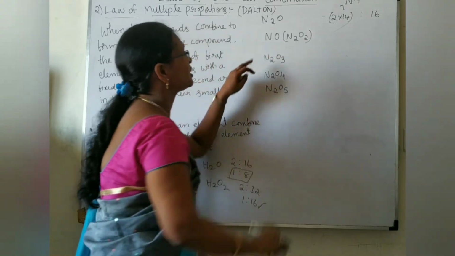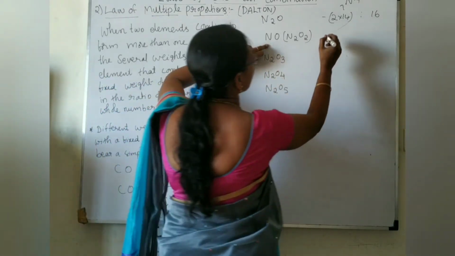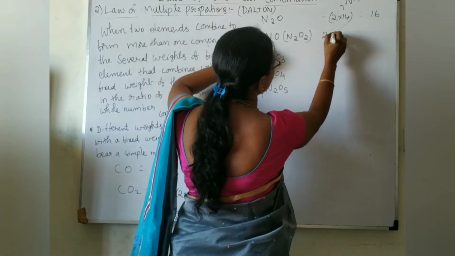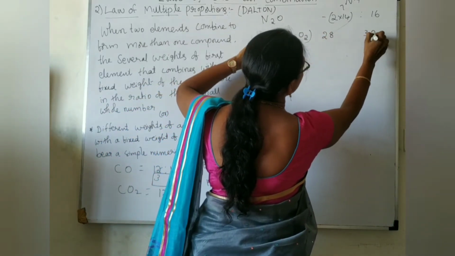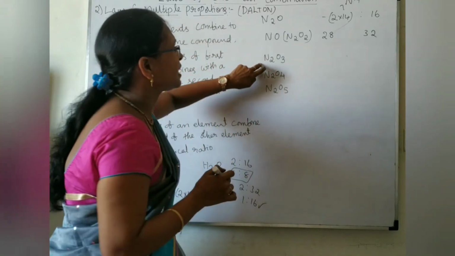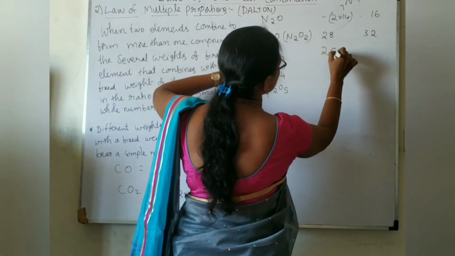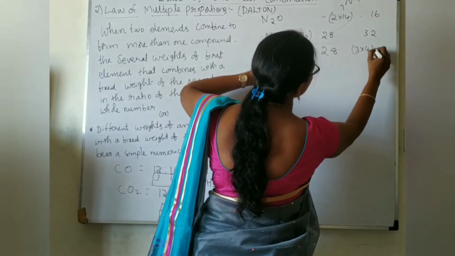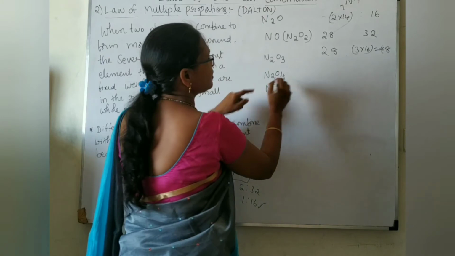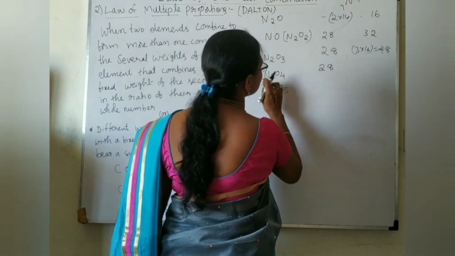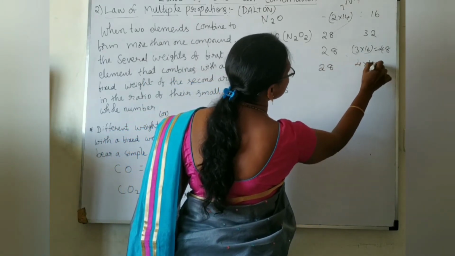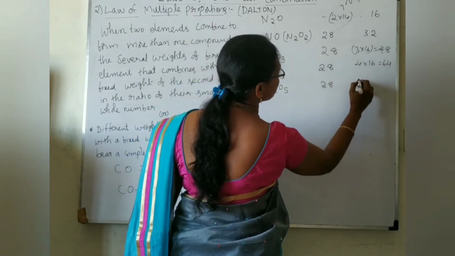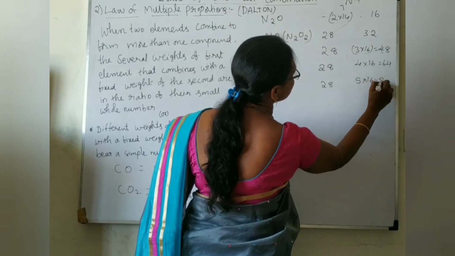When you take here, nitrogen 2 and O2 here I wrote. Both are the same only. So 28 and oxygen 32. And when you are taking nitrogen trioxide here, nitrogen 28 but oxygen 3 into 16 means that is 48. Next when you take here, nitrogen mass is the same only, 4 into 16, it is coming as 64. Next nitrogen as usual same here, 5 into 16 is coming 80.